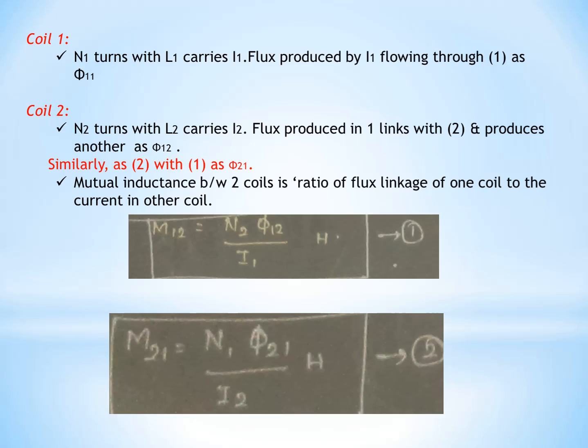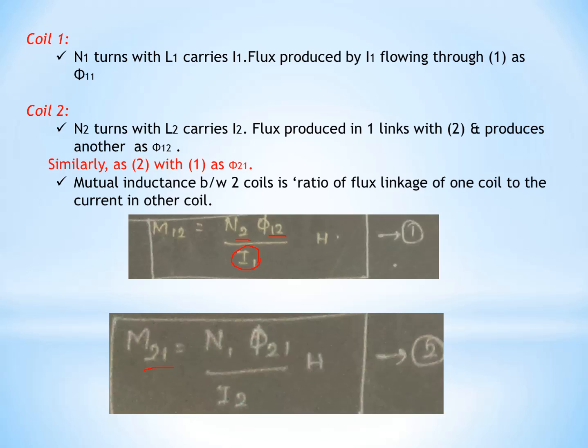Mutual inductance between these two coils is the ratio of flux linkage. The ratio of flux linkage is N phi to the current in the other coil. Taking phi 12, the equation will be N2, the output side, N2 phi 12 over the opposite current, I1.